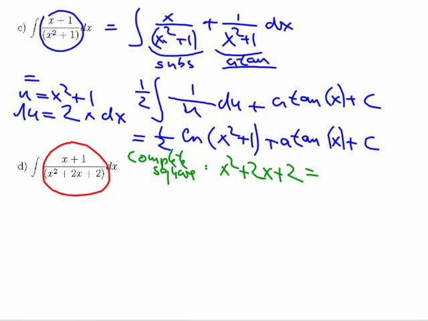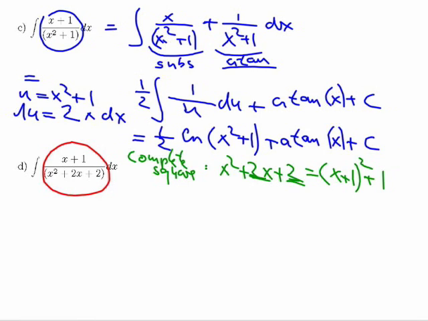So if we want to write this as x plus something squared, we need to pick x plus the half of 2, which is 1, so we get x plus 1 squared. X plus 1 squared by the binomial formula would be x squared plus 2x plus 1, but we want 2x plus 2. To get this right, we need to add 1 more.